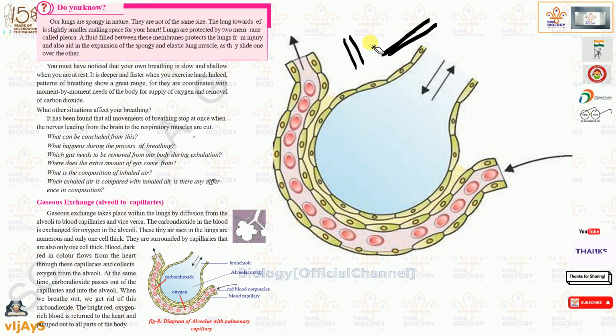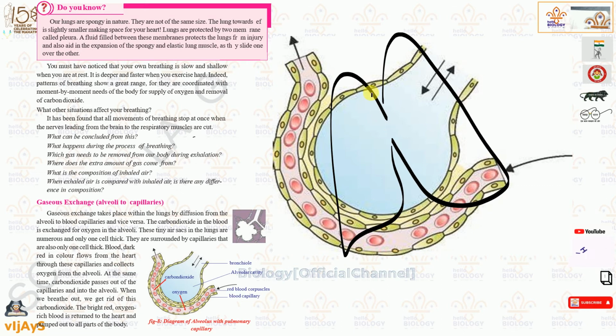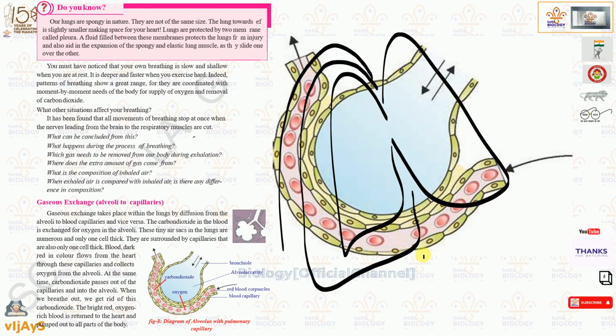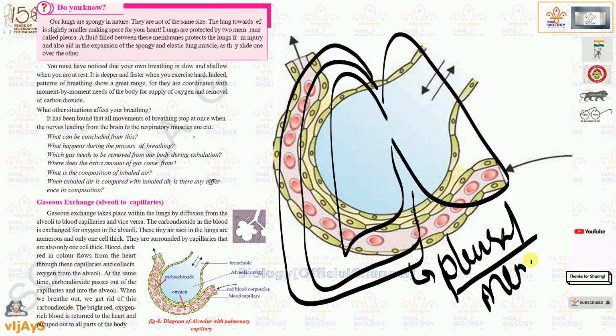And to protect these lungs, there will be a membrane surrounding the lungs. That membrane is known as the pleural membrane. And between these two pleural membranes, a fluid will be filled.